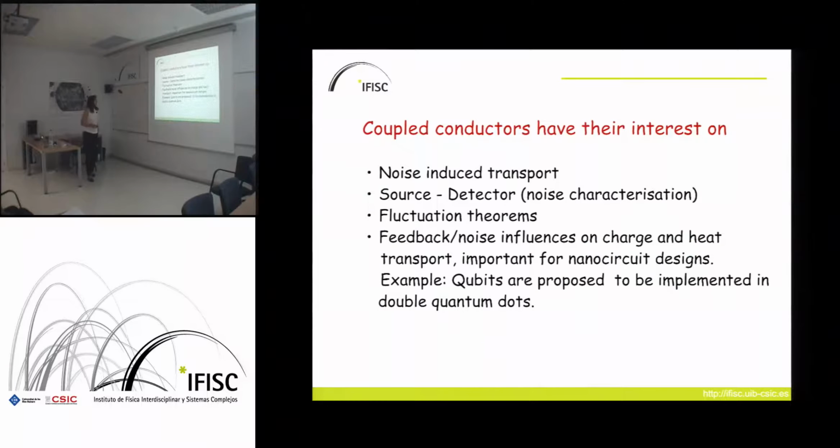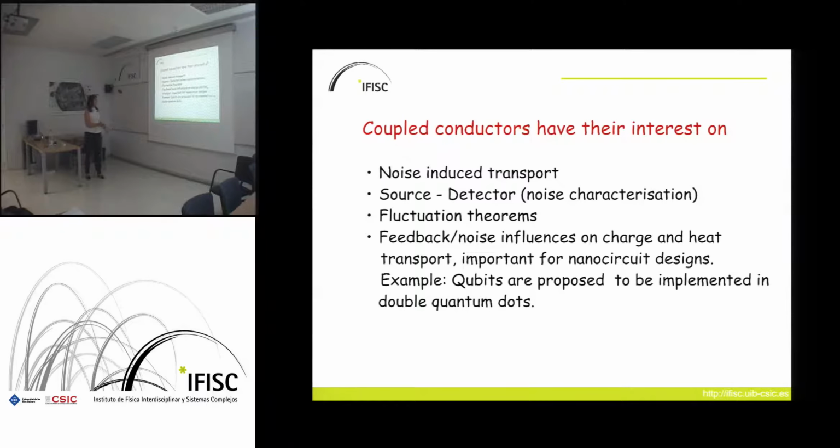So then, as a brief summary, I showed you that coupled conductors are of interest because we can induce transport due to noise. They can serve as source-detector systems in which we can characterize the noise of one of the conductors through the measurements of the current in the other conductor.